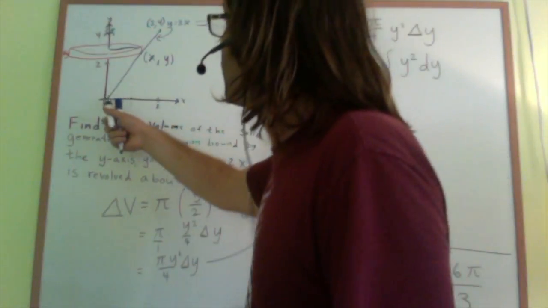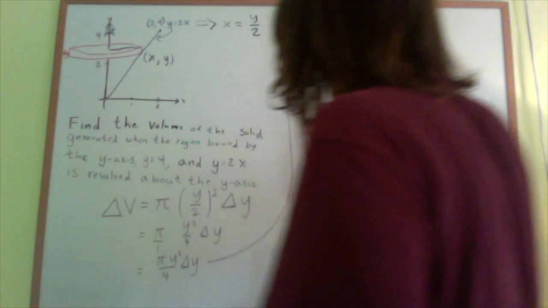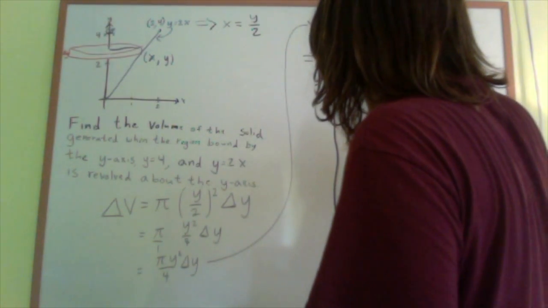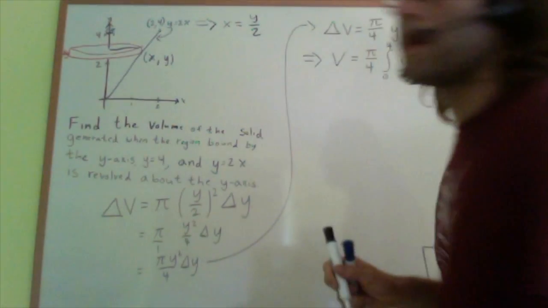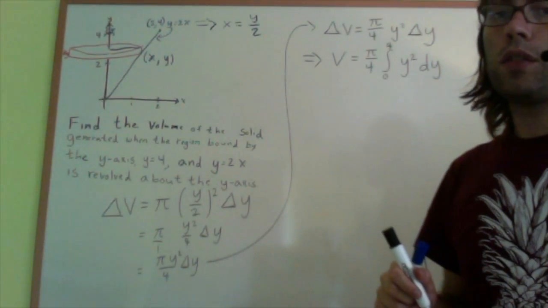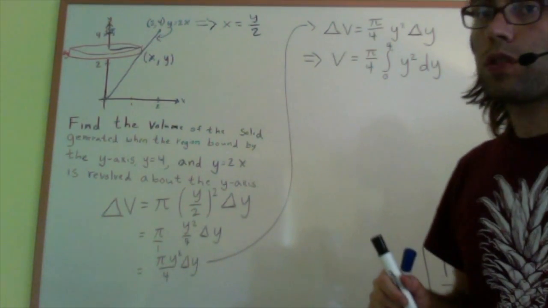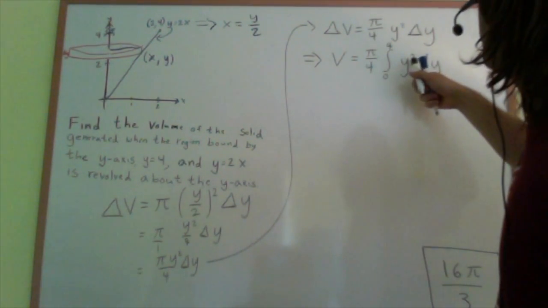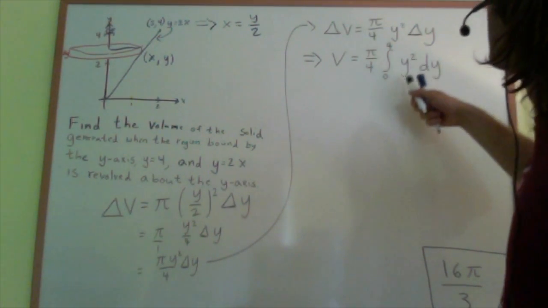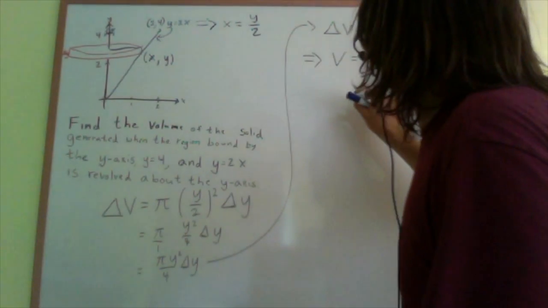Y goes from 0 to 4. And now we just use the power rule for integration. We add one to the power, so that's going to be 3, and then we divide by the new power.